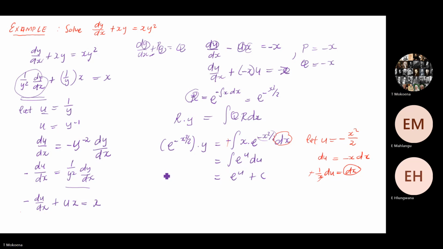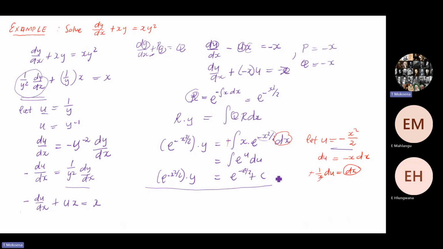And then remember, this side we have e to the power of negative x squared divided by 2 multiplied by y. And therefore this will be, oh, remember we said u is equal to how much? Back substitution, let's not forget that. We said u is equal to negative x squared divided by 2, and then this is the final answer.